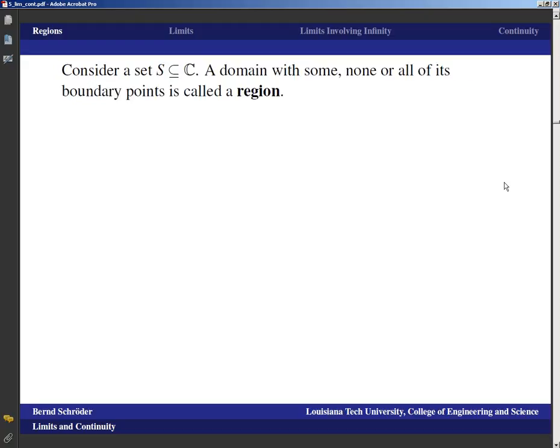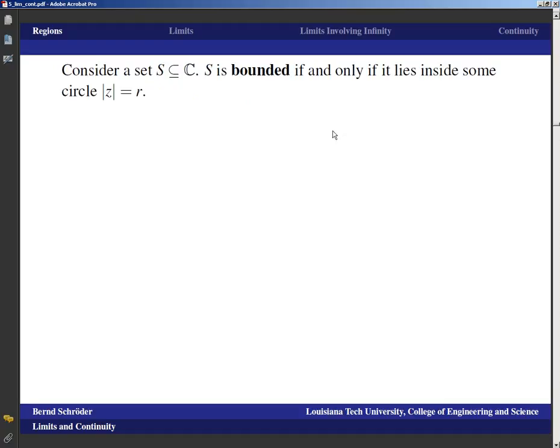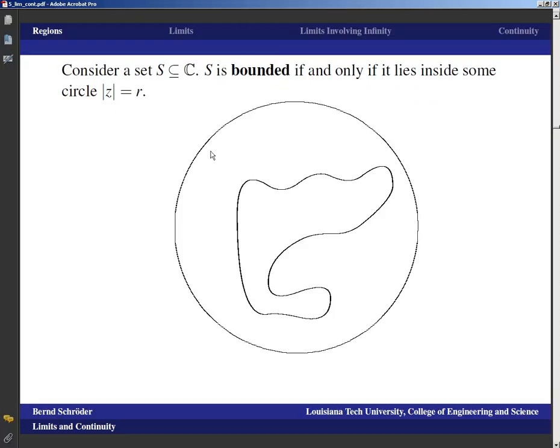A domain that has some, none, or all of its boundary points included or attached to it, that's called a region. And then standard language, again, a set S is bounded if and only if it lies inside some circle, absolute value of z equals R. So if we take a set like this, well, if we can draw a large circle around that thing that contains all the points in the set, and that's happening here, then that set is considered bounded.